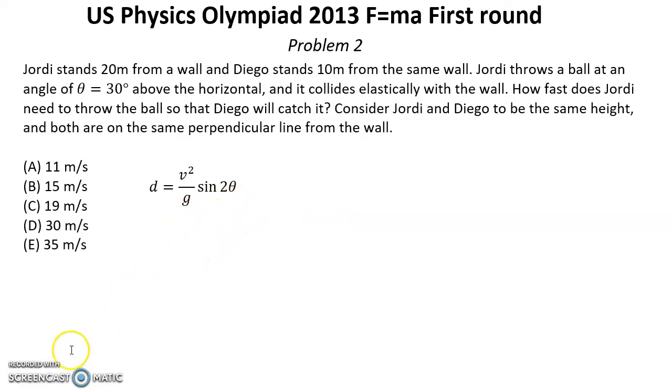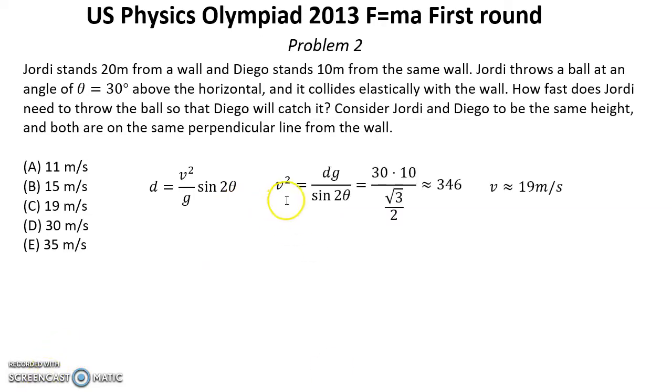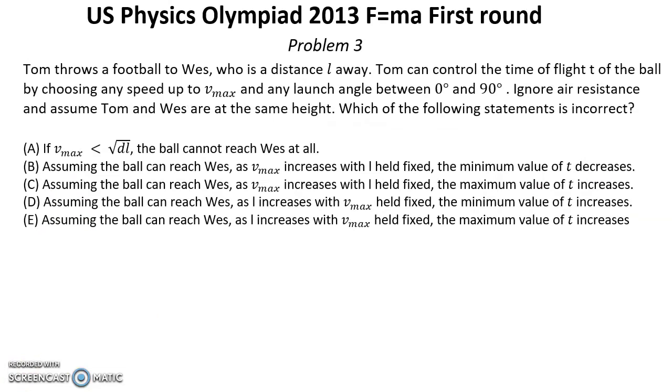And from here we can find the speed. V squared equals d multiplied by g over sine 2 theta, or after putting in numbers we finally have speed equal to around 90 meters per second. That's answer C.